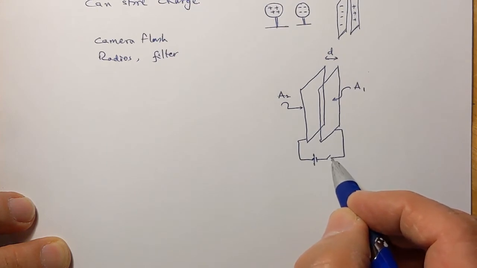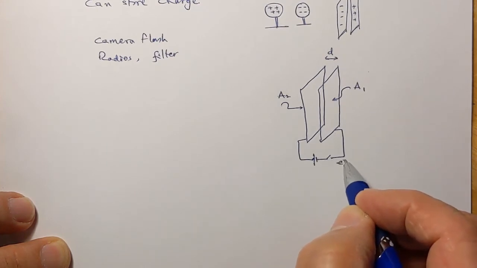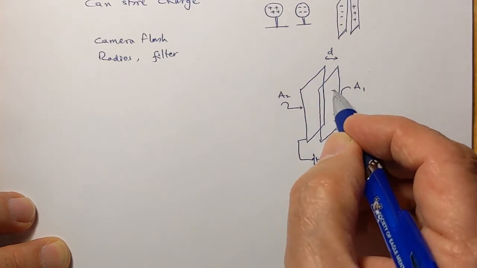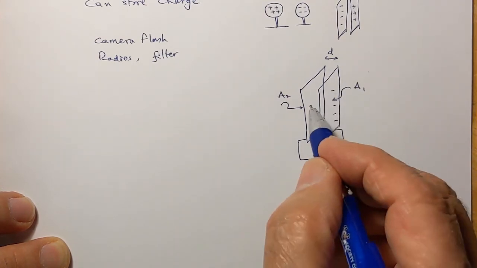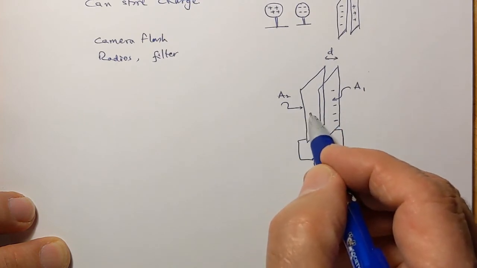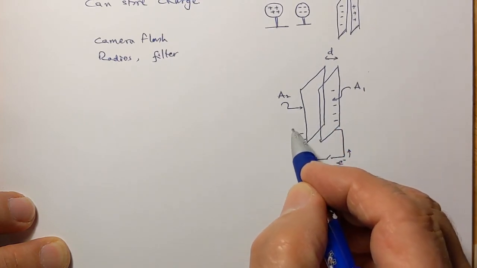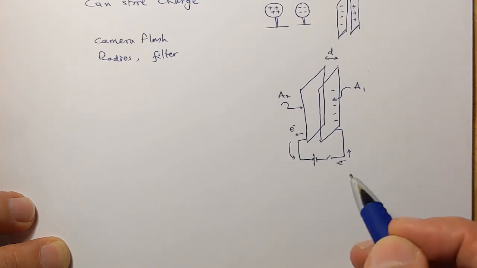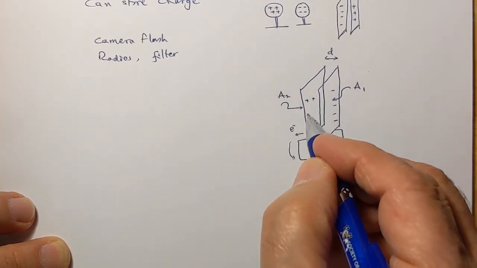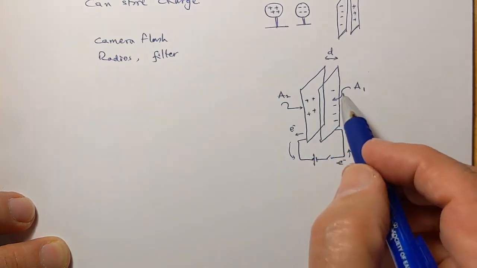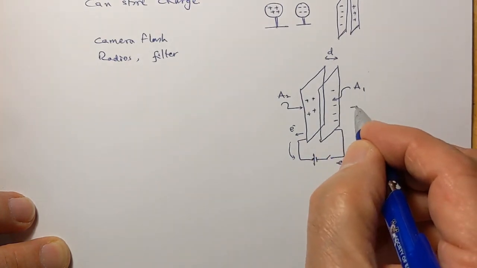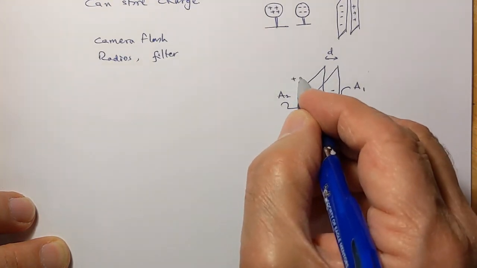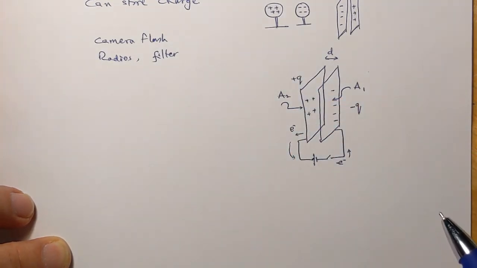Once we connect the switch, the electrons will start moving this way. They'll start collecting on this plate, and as they collect here, the electrons on this plate will be pushed away, and they will go into the battery, and so we will have a net positive charge here. Whatever is the negative charge here will be exactly the same as the positive charge on this other plate.